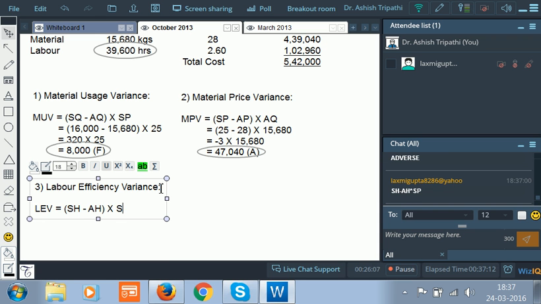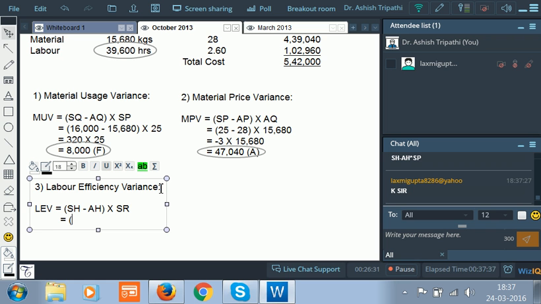You cannot say price here because labor cannot go with price. Labor always goes with rate, labor hour rate. So instead of standard price you will say standard rate. For material you can say price, but for labor always use standard rate, rate per hour.